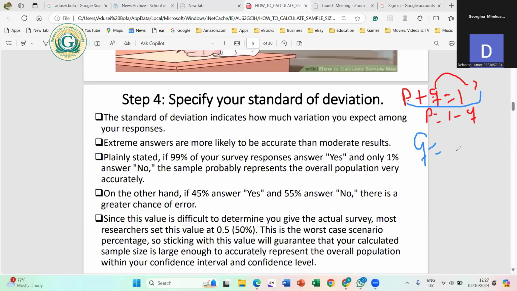And I said that in research, if you know P based on previous research, then you can just compute your Q and use it in the formula. Okay.